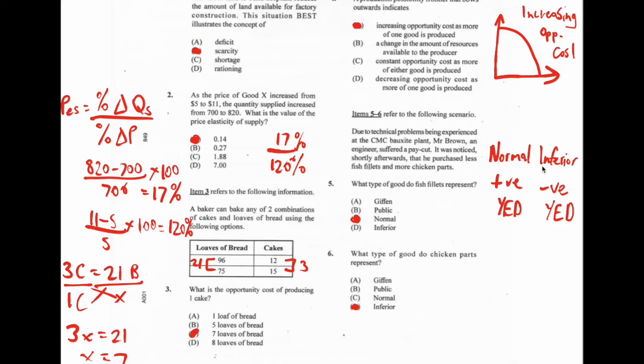And contrastingly, inferior goods have a negative relationship, meaning that as the income increases, the quantity demanded of the inferior good decreases, and vice versa, where as income decreases, the quantity demanded of the inferior good goes up.